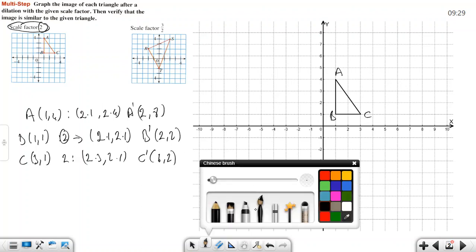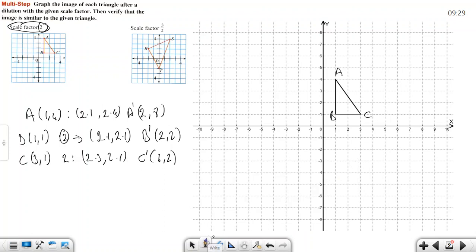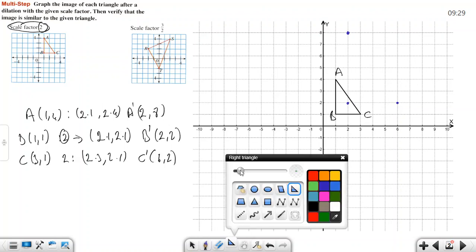Let's put these points now with another color. 2, 8: the point is here. B, 2, 2: the point is here. C, 6, 2: the new point is here. Let's draw the triangle here, a little thicker.